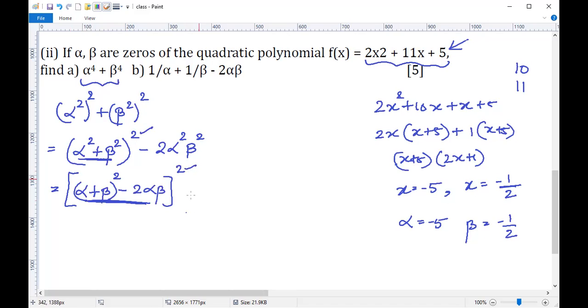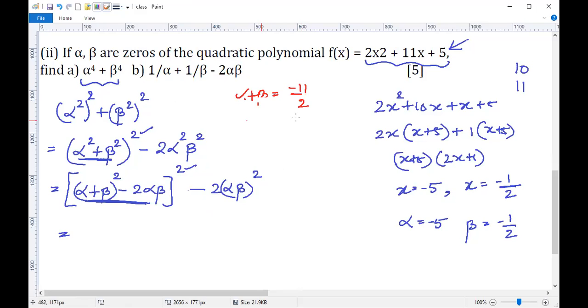Right. Now what else is outside here? You have got to write minus 2 alpha squared beta squared, which you can write instead as alpha beta whole squared. Right? Now everything is in terms of alpha plus beta and alpha beta. Now, what is alpha plus beta? Minus b by a, which is minus 11 by 2. Correct?